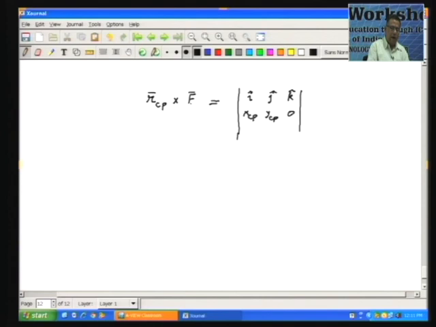Similarly, if you look at FR, it does not have an x component, so this is minus FR.